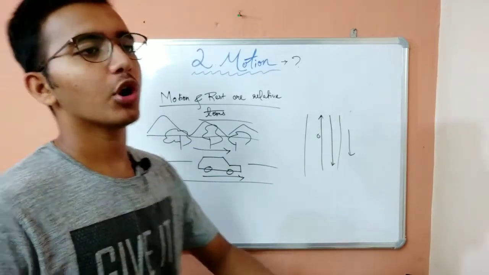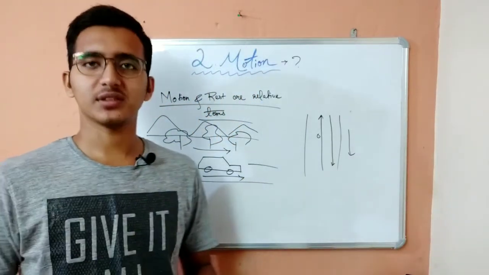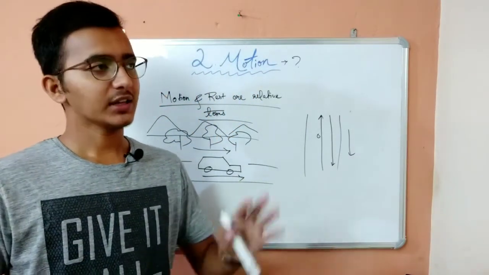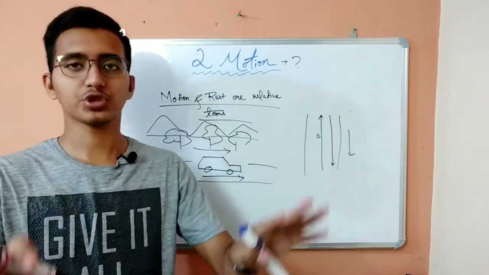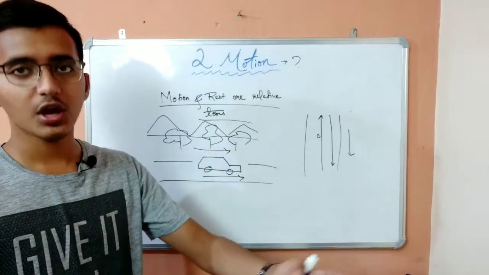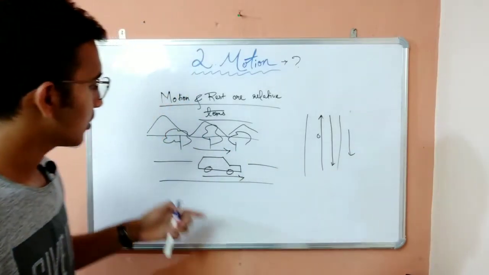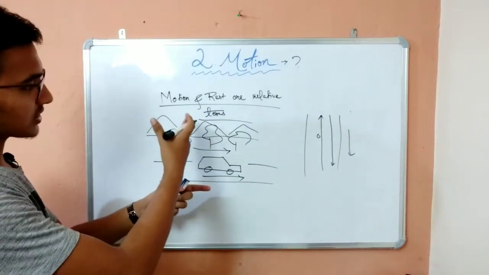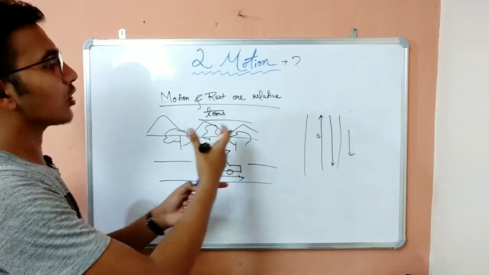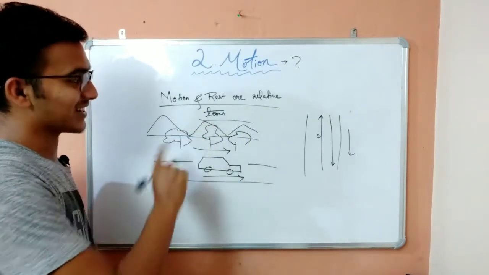Then why does this happen? This happens because you are sensing something. The 5 senses that you have in your body, your senses think that those are in motion or those are at rest. Why? Because we perceive by our senses, and when you are moving in a car and see the objects at far distance, you feel like they are also moving along with you. This happens because motion and rest are relative terms.